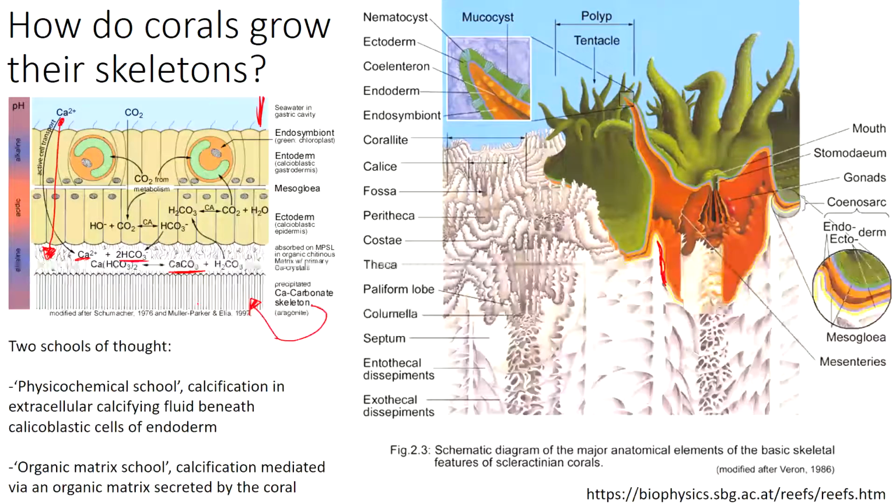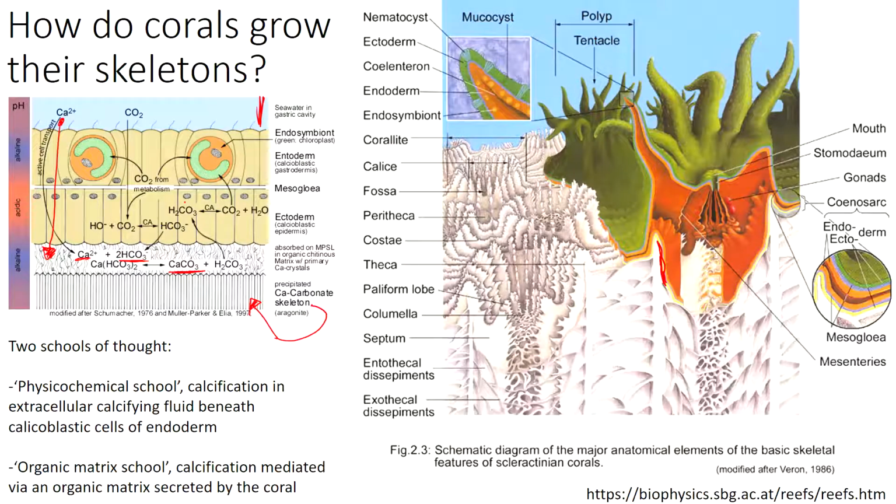So in corals and in most organisms that calcify, there are mechanisms within the cells which can pre-concentrate the amount of bicarbonate ion. In the case of corals, there's an enzyme called carbonic anhydrase, and that basically catalyzes the conversion of CO2 into the bicarbonate ion.